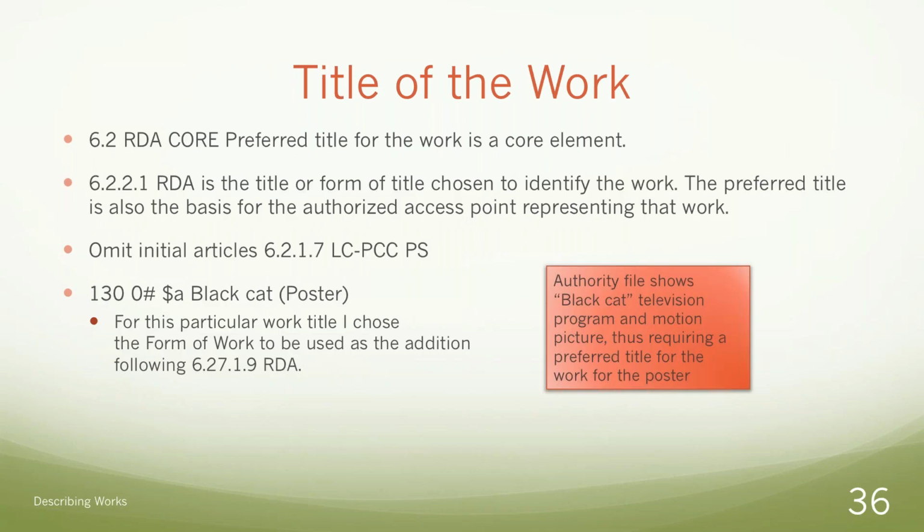For the title of the work, for a lot of things that don't have an agent as a creator that we can identify, we will just have the title as the identifier, and that may conflict with other resources in the catalog that also use that same title to identify them.